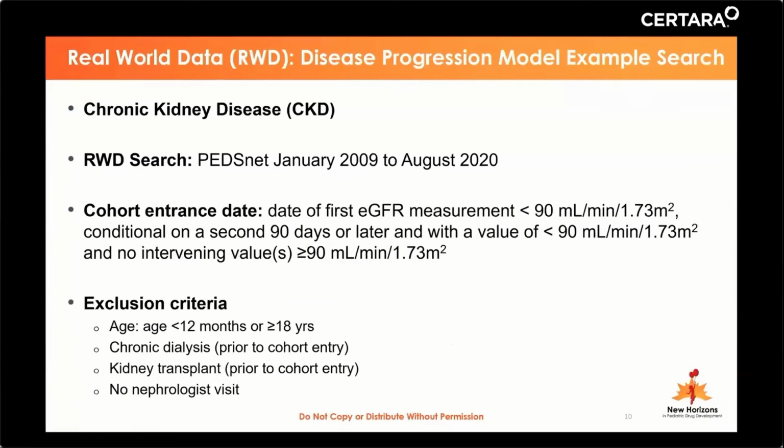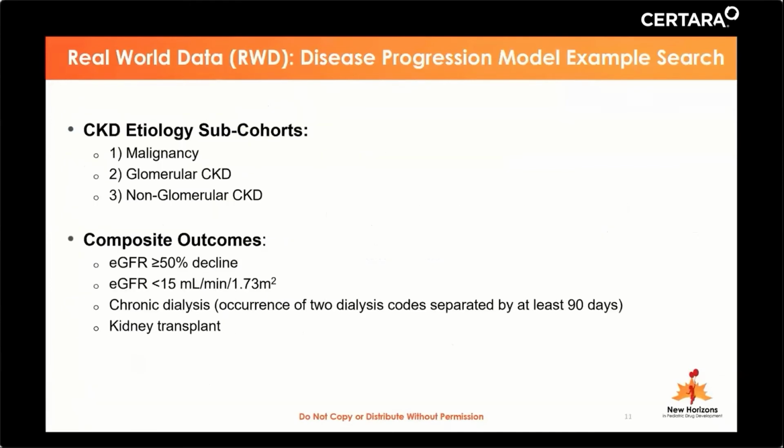As well as they're seeing a nephrologist, to eliminate some bias, for example, a case that might be an acute insult in an ICU, where there's an ischemic injury. It might be a different cohort that you wouldn't want to use.